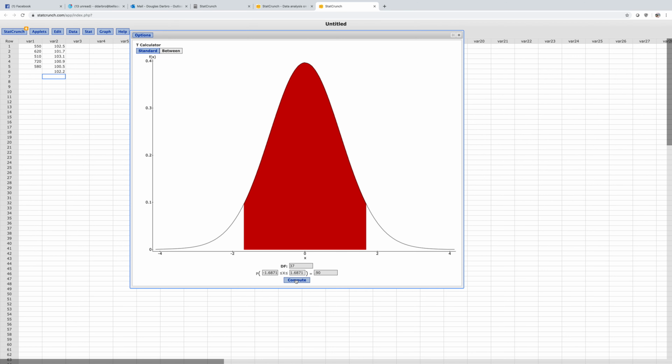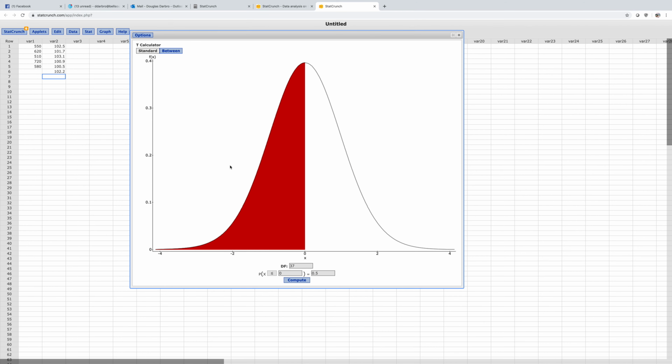Now, let's say you're on a test and you freak out and forget about this between button up here. Degrees of freedom would be the same, but you would want to find the area in that left tail. The area under this curve is 1, and I have 90% between two values, so I have 10% missing. I need half of that in this tail and half in this tail.